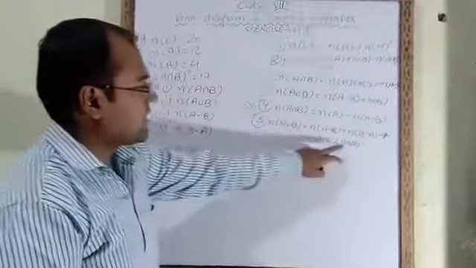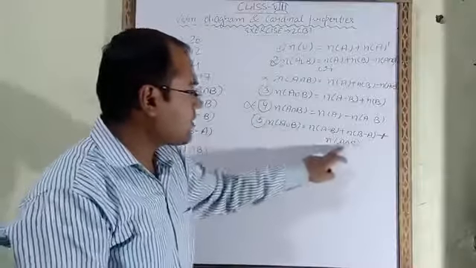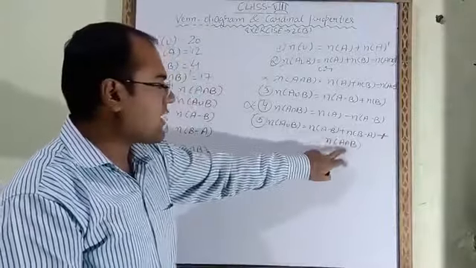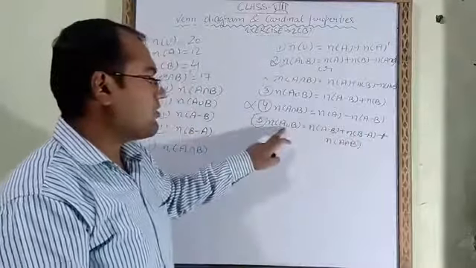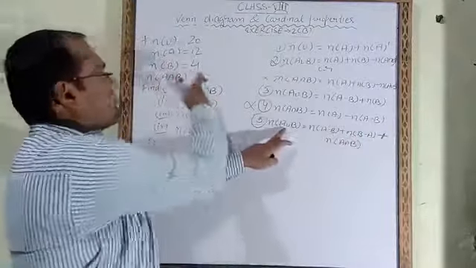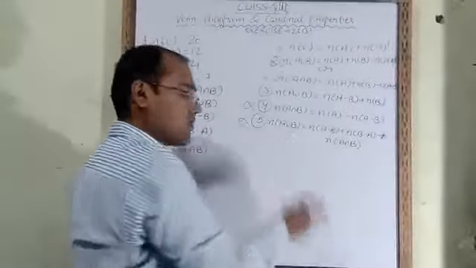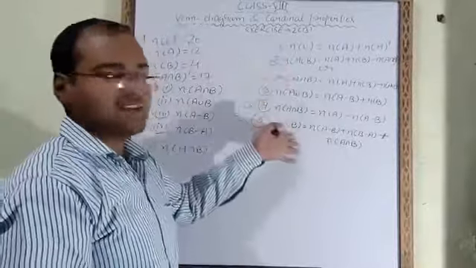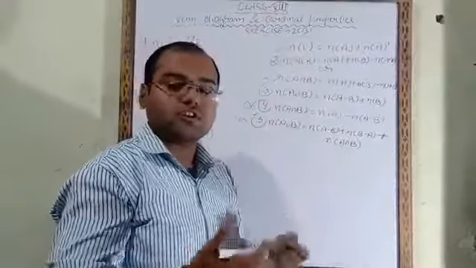Now next formula, here also n(A intersection B) is coming. In order to use this formula, this one we have to find, so rest of the terms we should know. A union B we are having? No, we are not having this A union B value, so we will not be able to use this formula also. So no formula is remaining in which n(A intersection B) is coming. So in this case what you have to do?